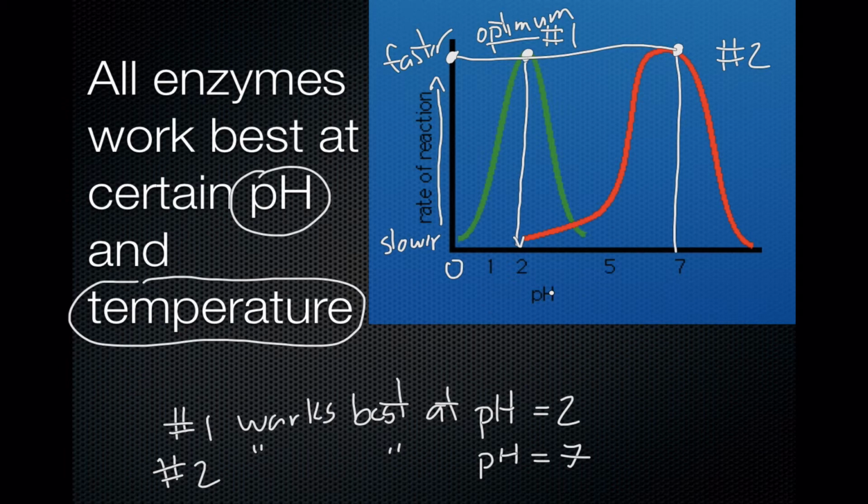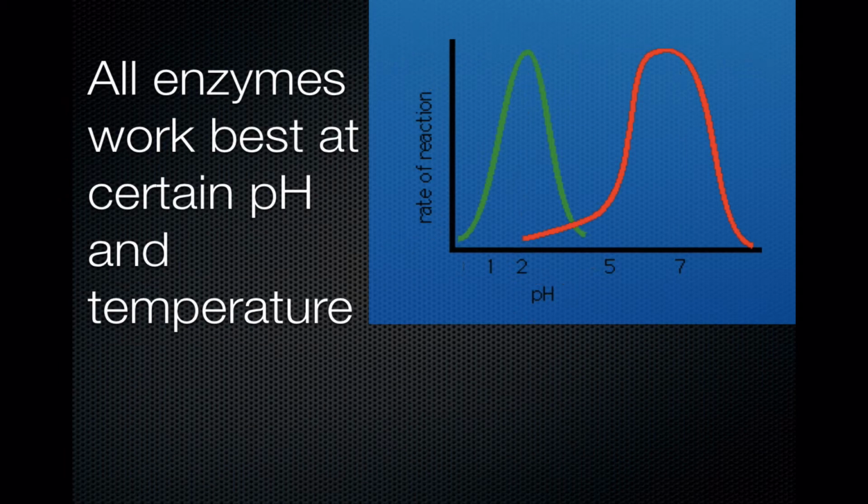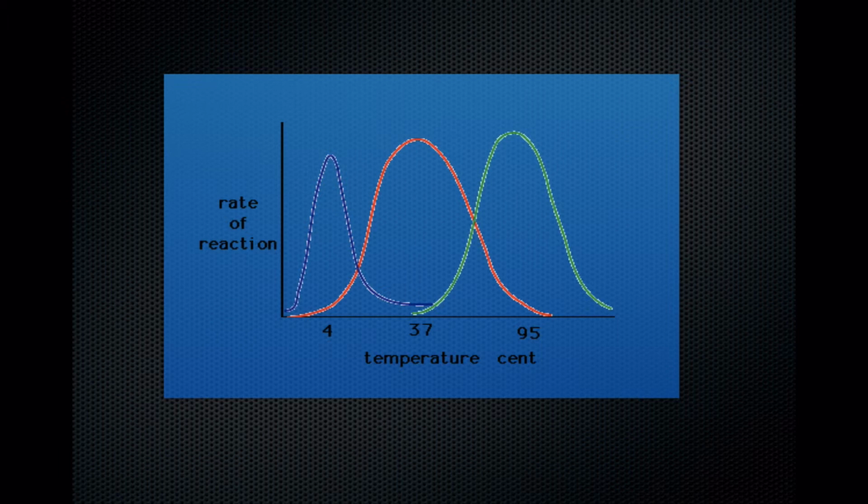So do you see how pH can affect how well an enzyme works? That's the idea here. Now the other thing is temperature. Here we have a graph just like we did before, with three different enzymes at different temperatures in Celsius: 4 degrees Celsius, 37 degrees Celsius, and 95 degrees Celsius. Look at enzyme number 1, enzyme number 2, and enzyme number 3.